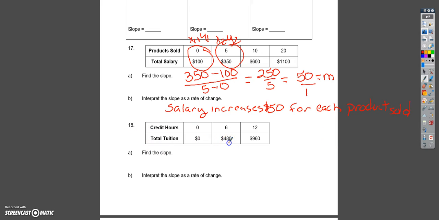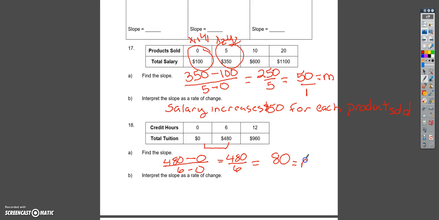Find the slope. We'll use these two. 480 minus 0 over 6 minus 0, which is 480 over 6, which is 80. Yes, that's correct.